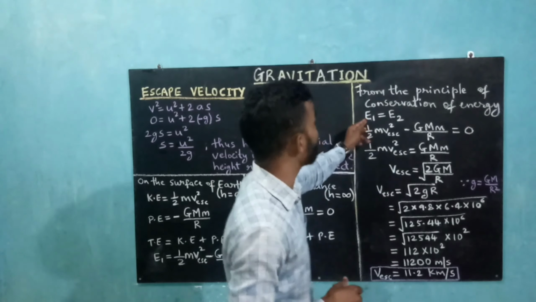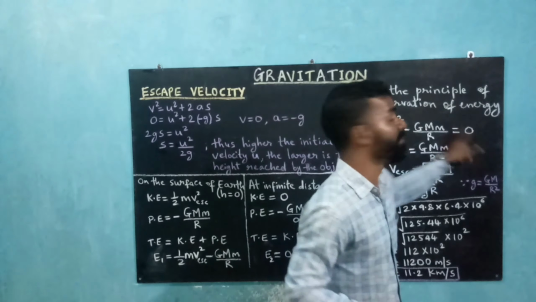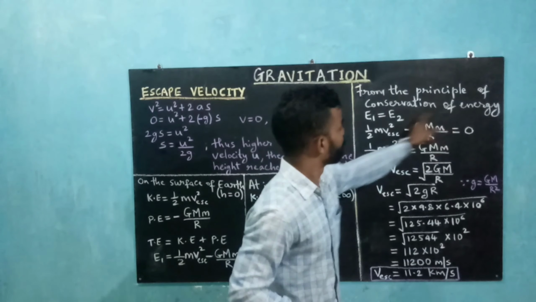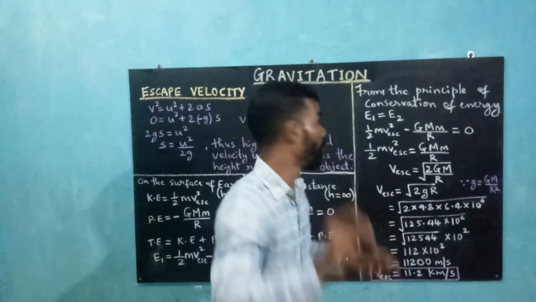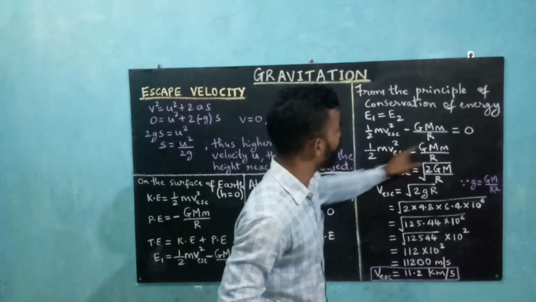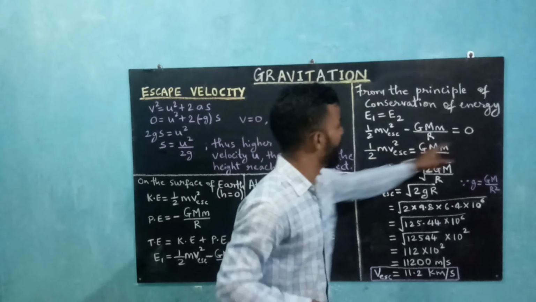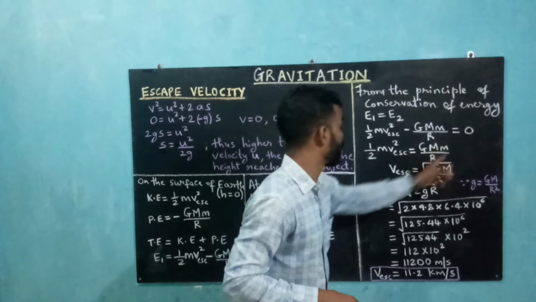Now substitute the value for E1. This value will come on the left hand side, the right hand side will be 0 because E2 is equal to 0. Then take the minus GMm divided by r to the other side, it will become positive, and then take 2 to the numerator on the other side. M and m will cancel, the mass of the object will cancel with the mass of the object on the other side.